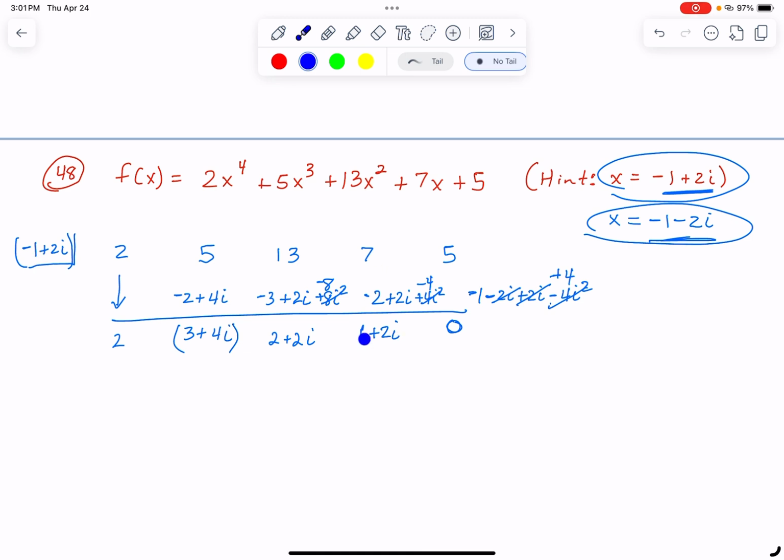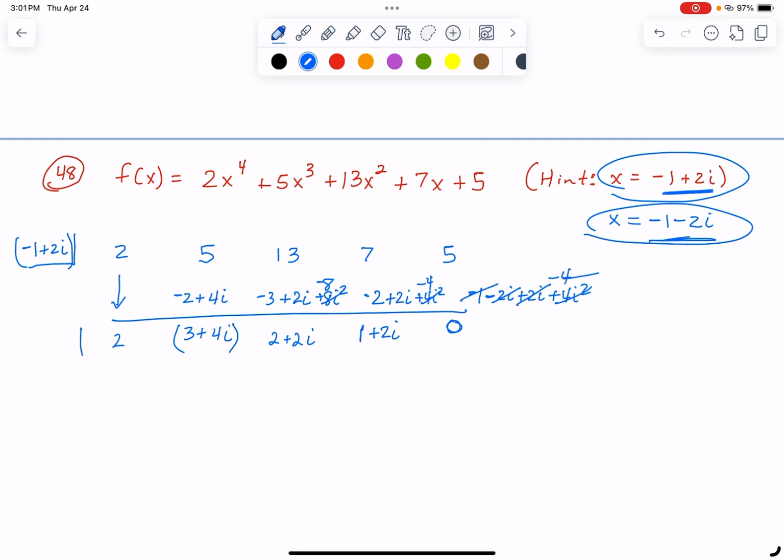Negative 1 times 1 is negative 1. Then we get a minus 2i, right? Then we get a plus 2i. And then we get a plus 4i squared, and that'll make it minus 4. There's the minus 5. Now we got the remainder of 0.